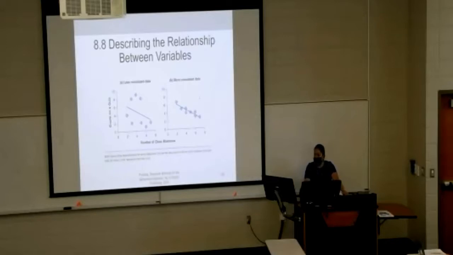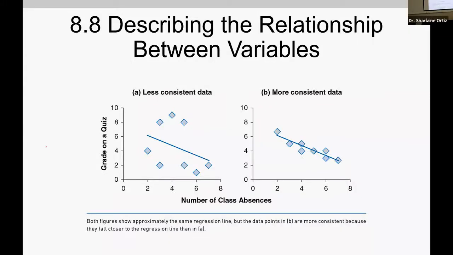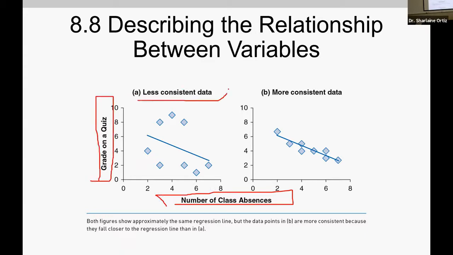If we go back to our slides, the same goes for a negative relationship. I would even argue this is almost not a good relationship. But notice that here in a negative relationship, the amount of times you didn't show up to class and the grades you had on the quiz, this data is less consistent. How do I know that?